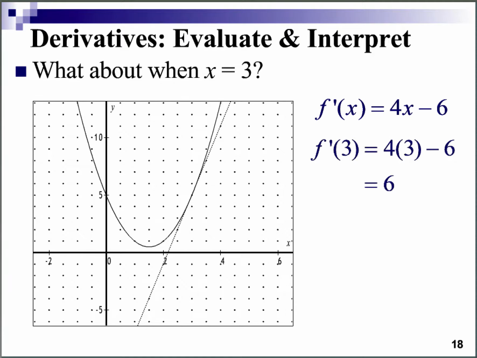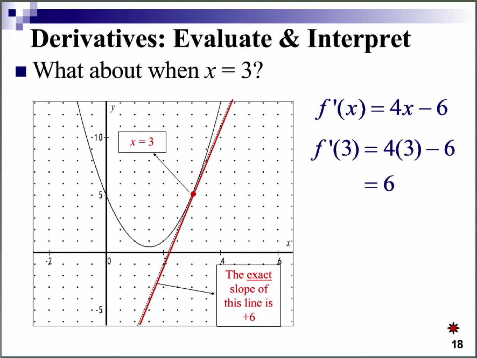So at that particular point, x equals 3, the slope of that line is exactly 6. So not only am I getting an exact value for the slope of the tangent line, an exact value for the instantaneous rate of change, but I'm also doing so in a very efficient way because that one derivative does the job for any point that I care about.